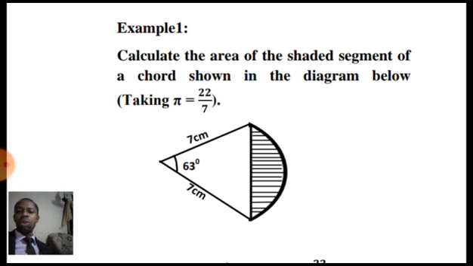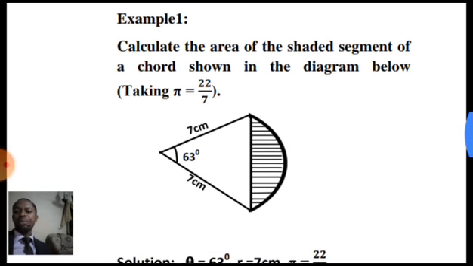If you cut off the shaded part, you'll be left with a triangle. And then if you add the shaded part to it, then what you are going to have is a real or complete sector. So invariably, what we are going to do here is to find the area of a segment.